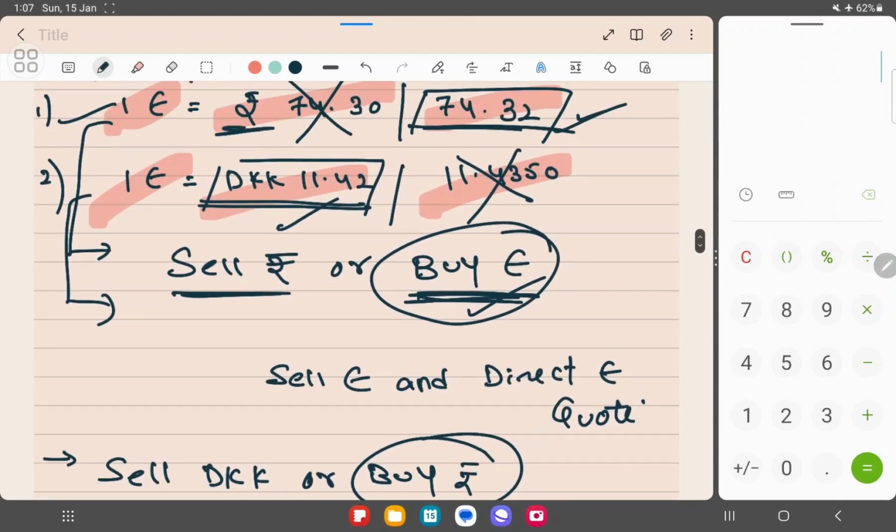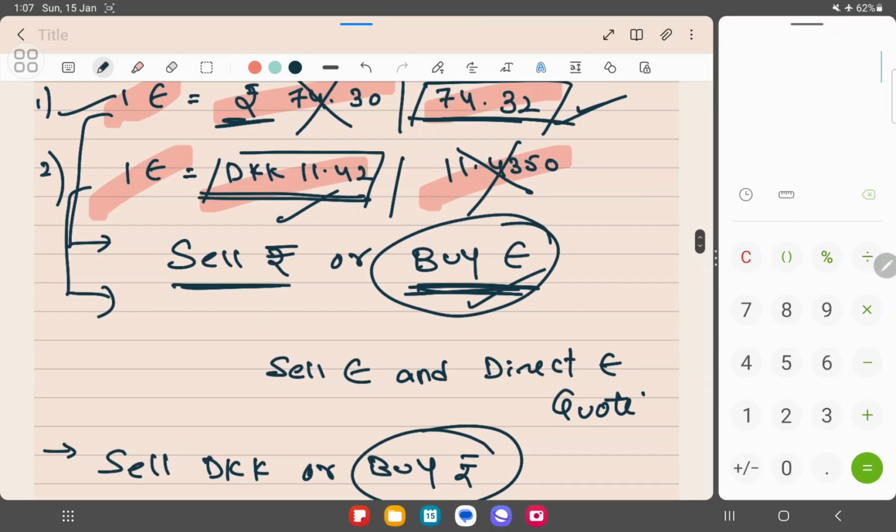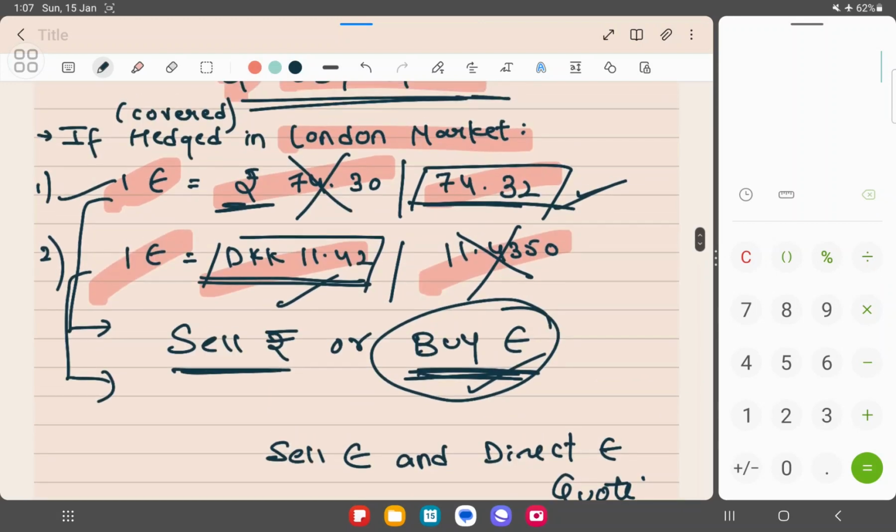Now if you do this, I have equivalent pound. Okay, and I will sell these pounds. So in order for that, I need the quote 74.32. This is my quote, and fortunately for us, we have a direct pound quote. Okay, and our equivalent amount was also pounds.